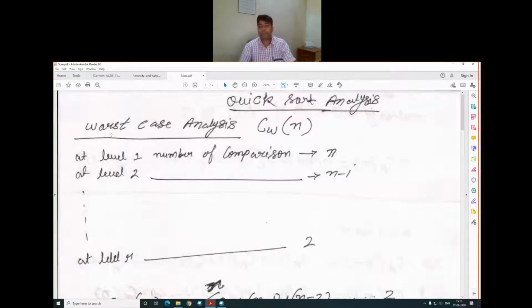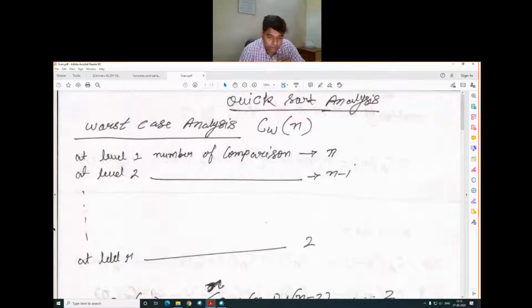Okay. So at level number 1, I just want to explain that this is when we initially call the partition algorithm the very first time, like with 4, and at that time 4 was placed at its actual position.